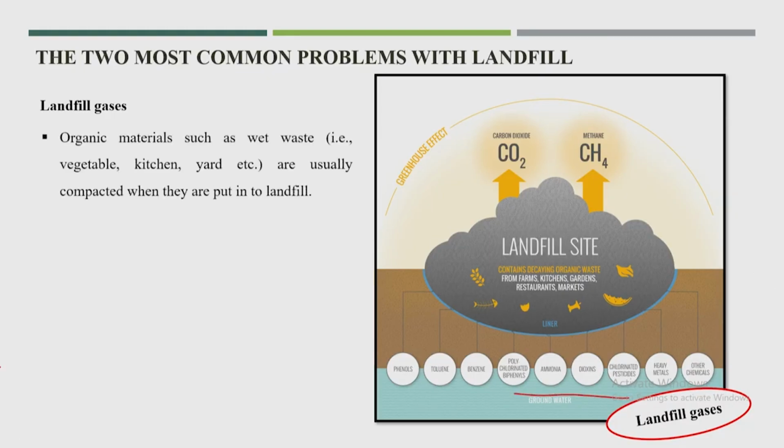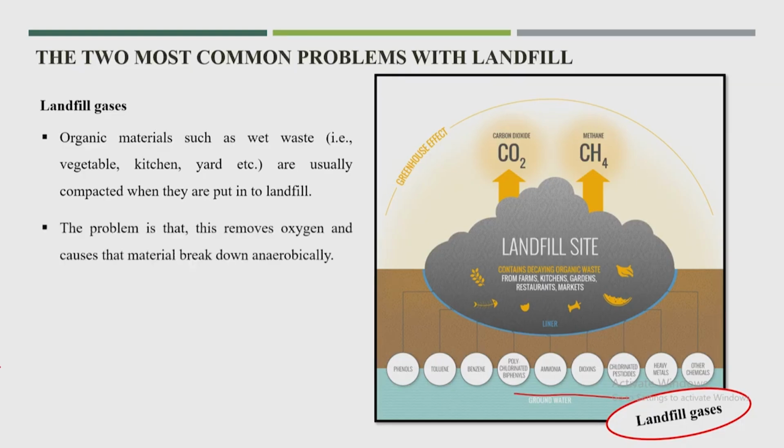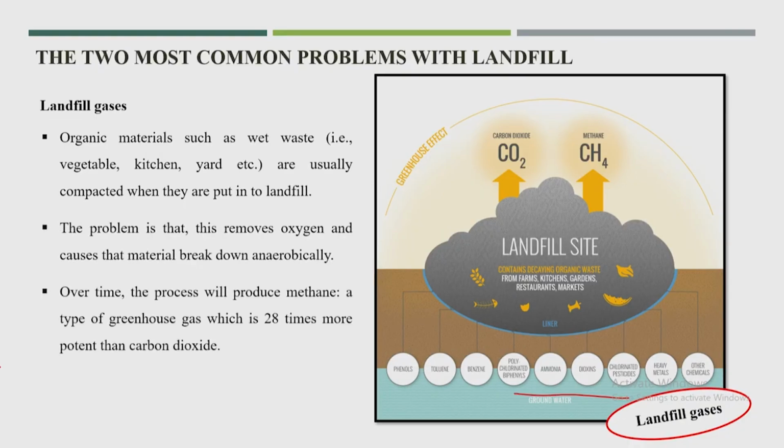Organic materials such as wet waste, especially vegetable and kitchen waste, are usually compacted when they are put into the landfill. The problem is that this removes oxygen and causes the material to break down anaerobically. Over time, the process will produce methane, a greenhouse gas which is 28 times more potent than carbon dioxide.